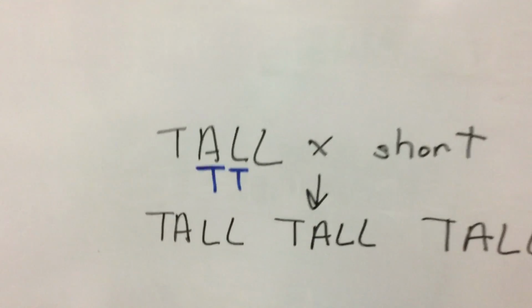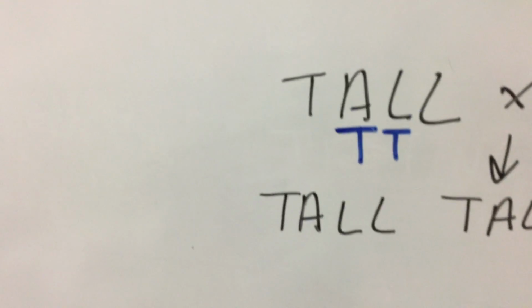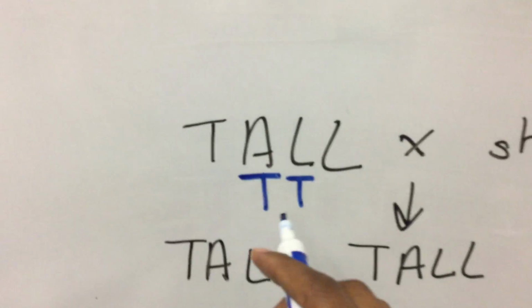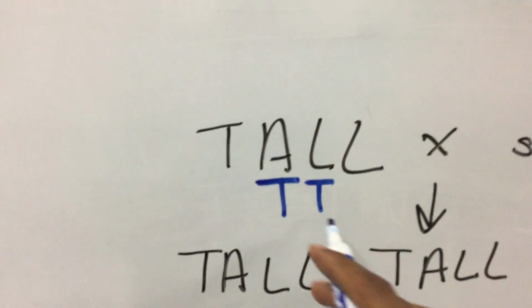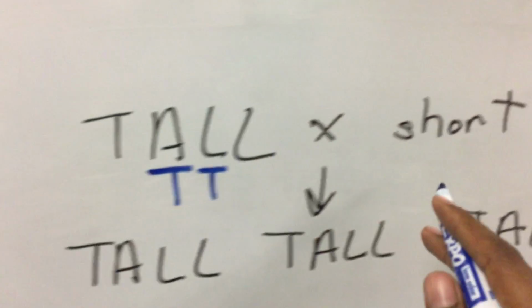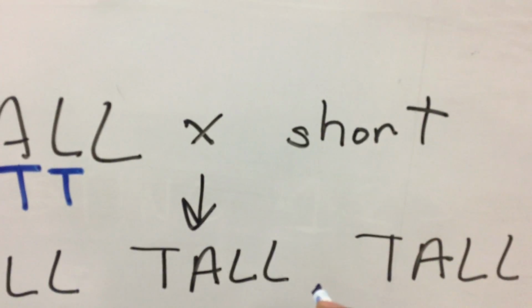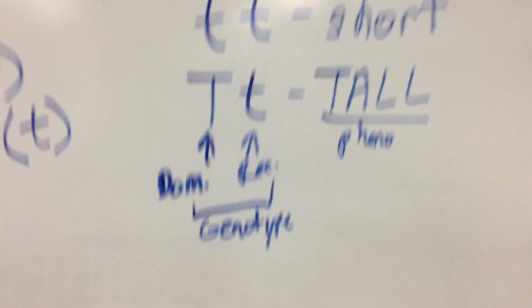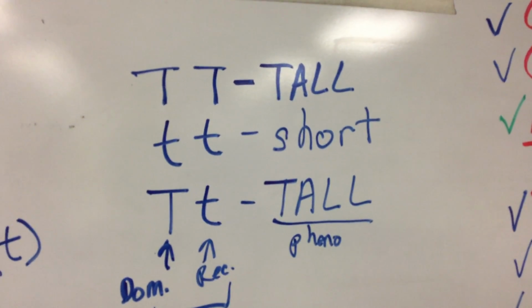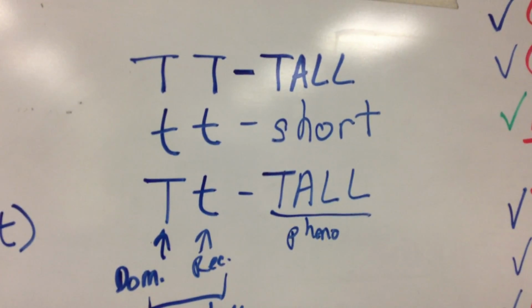All right, so here we have two dominant alleles. And so this would be called homozygous dominant. So this short plant, what would be the genotype of this short plant based off of this?